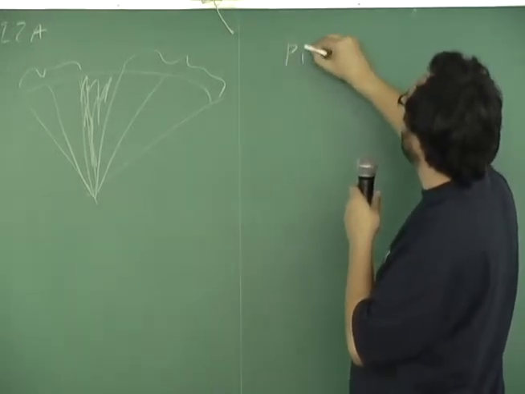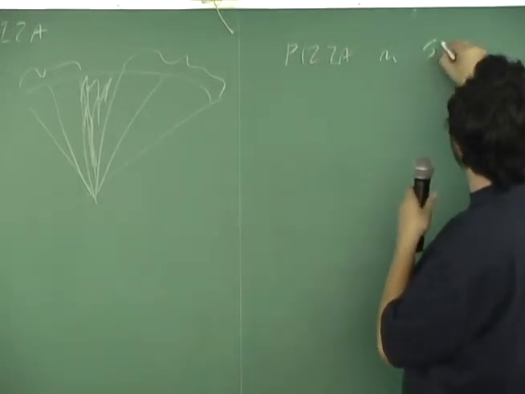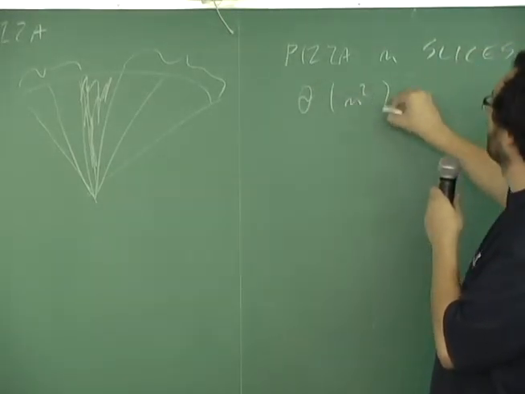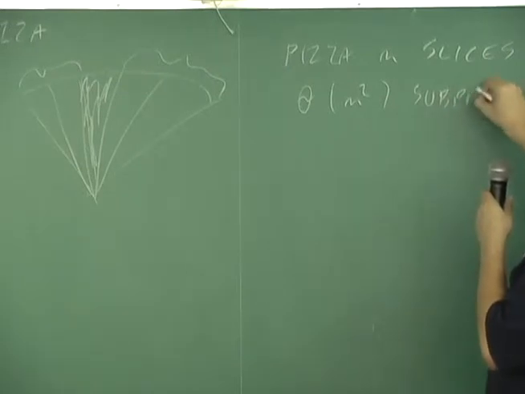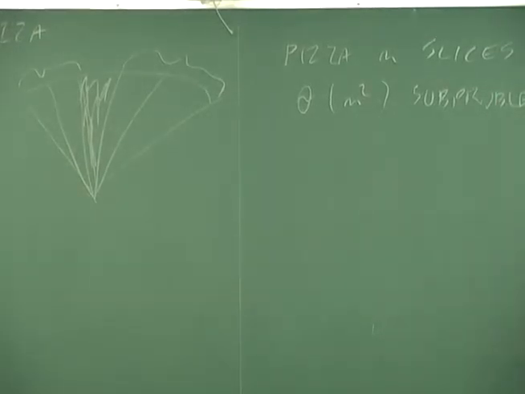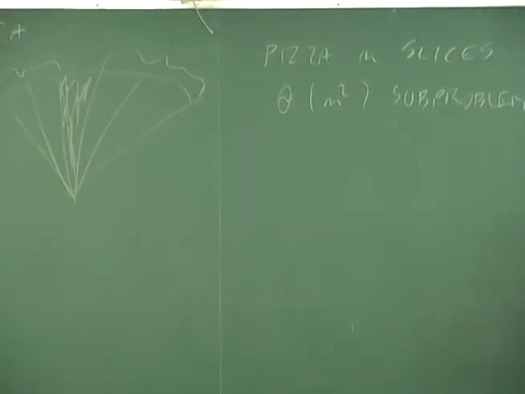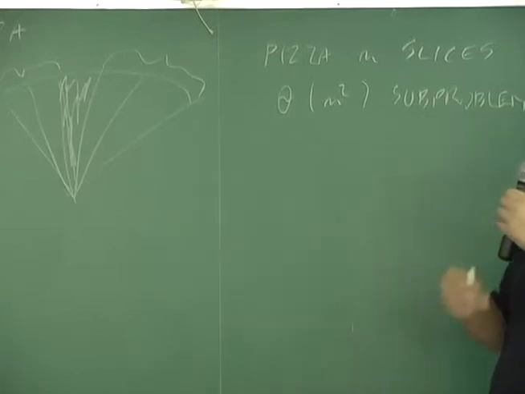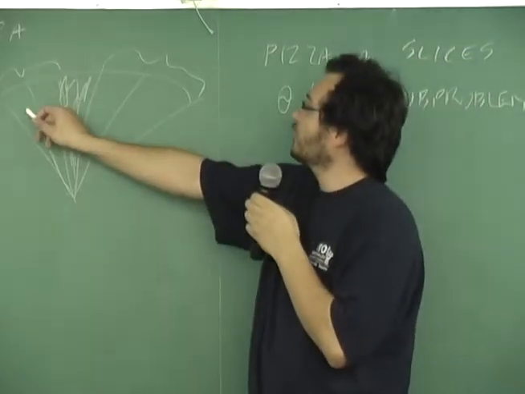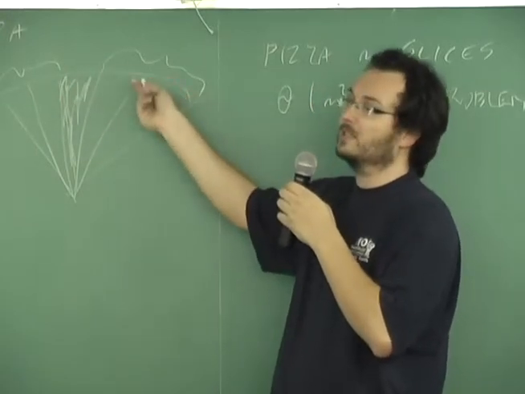So we have a pizza with n slices. This gives us quadratically many subproblems. Each subproblem is a connected piece of the pizza consisting of several consecutive segments. And now for each such subproblem, we can compute the optimal solution in linear time by checking each of the pieces at a time.